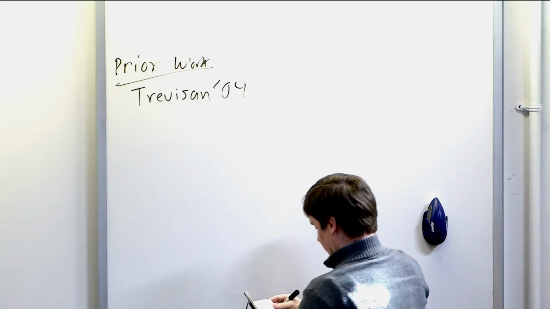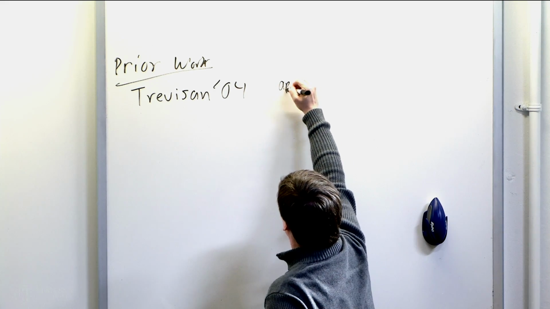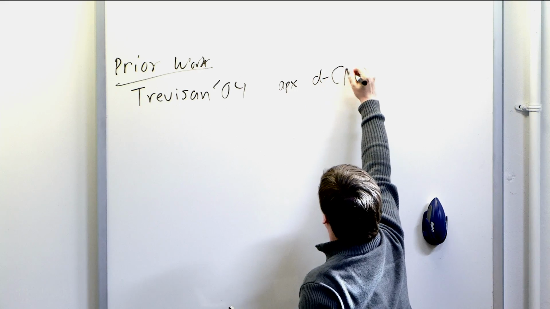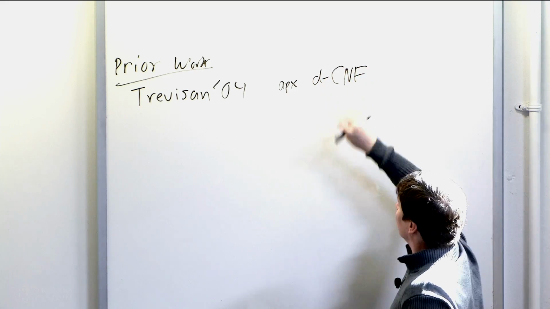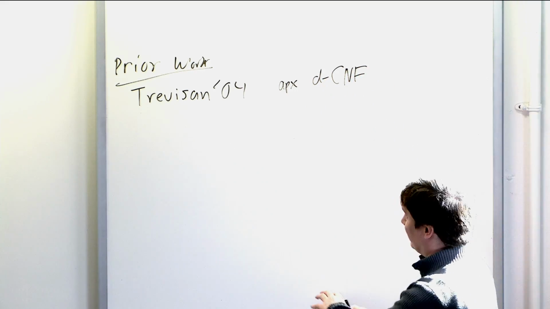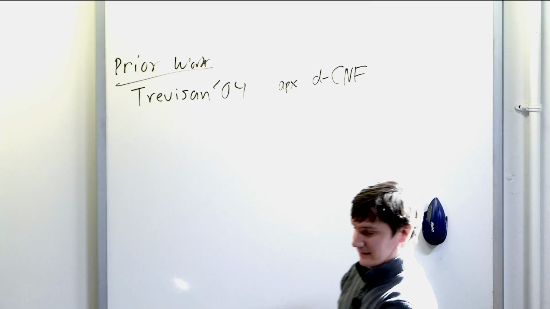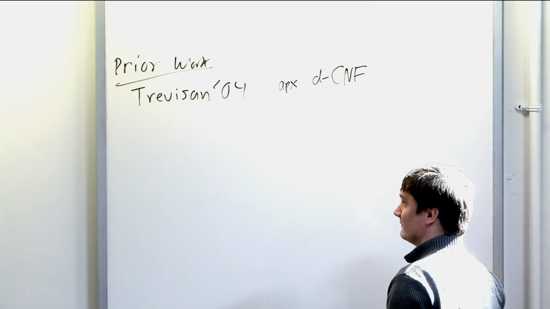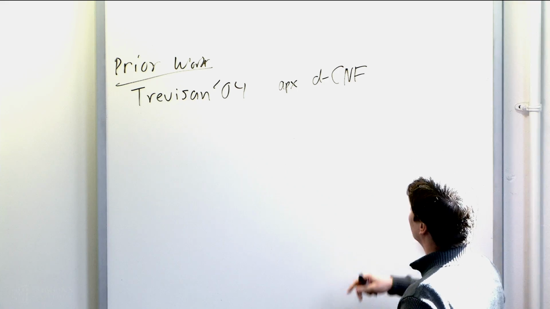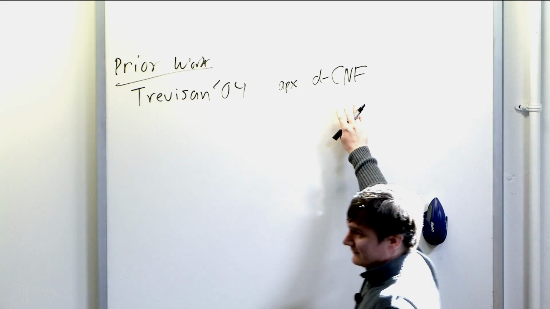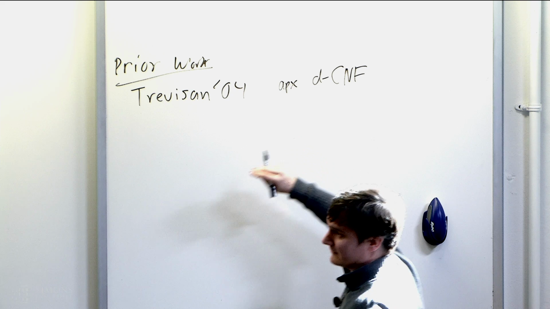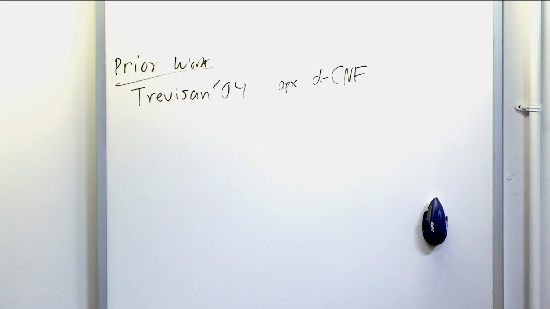So Trevisan showed that for approximating the solutions to a D-CNF, so think of this as an AND of ORs, and each OR has at most D variables, negated or not, in it. You can think of this as a very special case of degree D polynomials over F2.